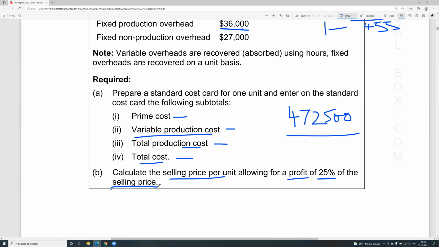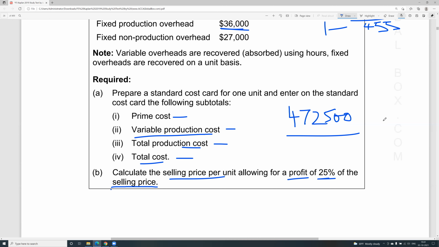Now, on the selling price, 25% is the profit, so how much would be the profit on the cost price? Do you guys know this formula? You guys there with me?